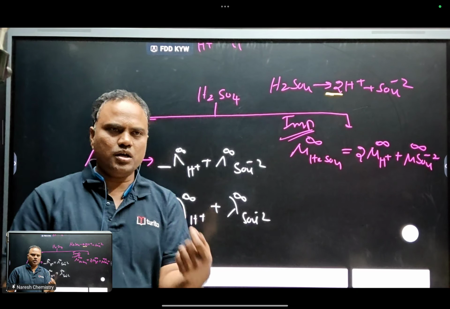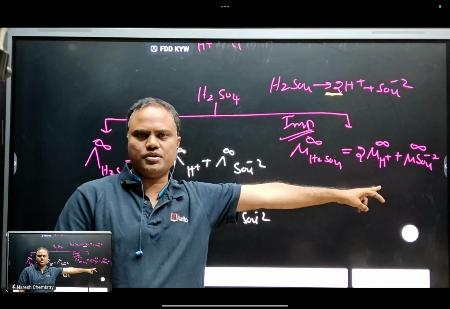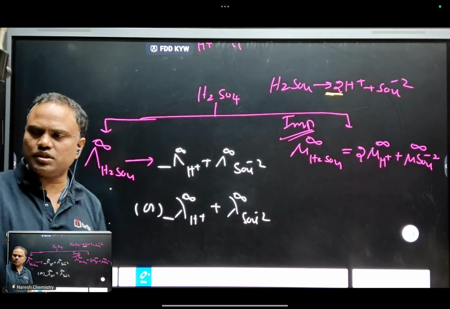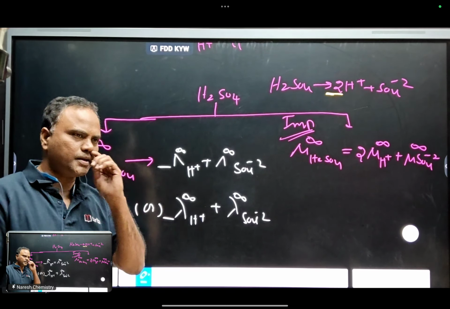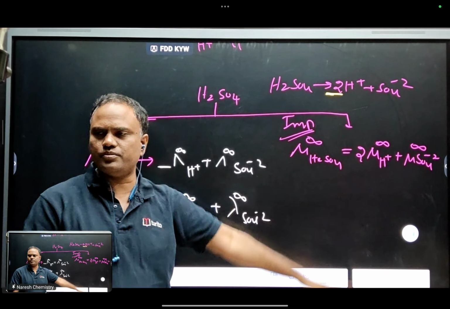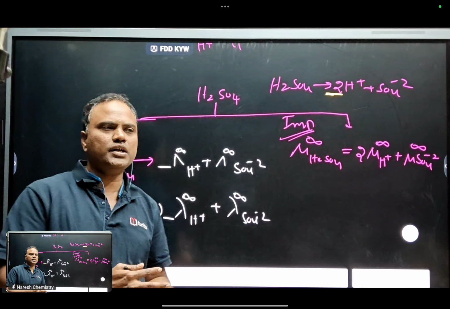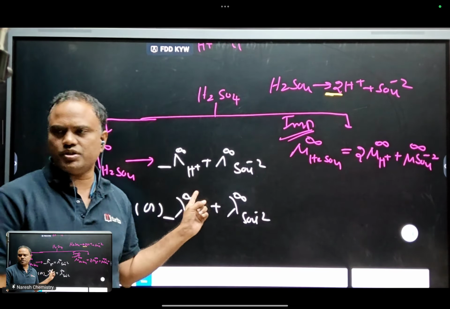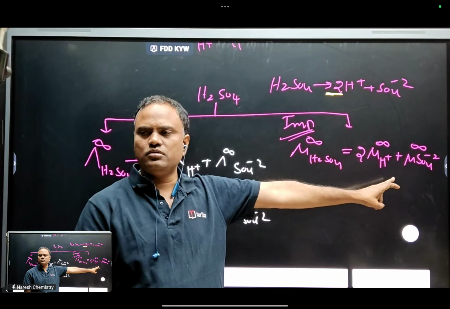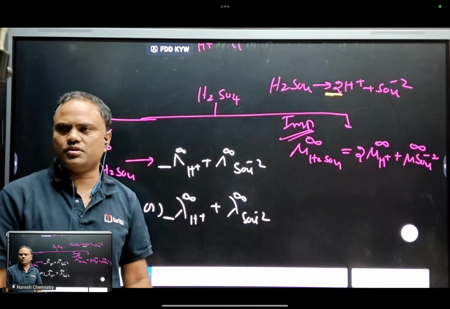If I ask you to say molar conductance, then you have to take the coefficients. If I ask you to write equivalent conductance, then no need to take coefficients. Lambda H2SO4, mu H2SO4. Observe carefully. For equivalent conductances, we don't take coefficients. Just we wrote H plus only, but here we wrote 2 mu H plus. This is the common mistake.